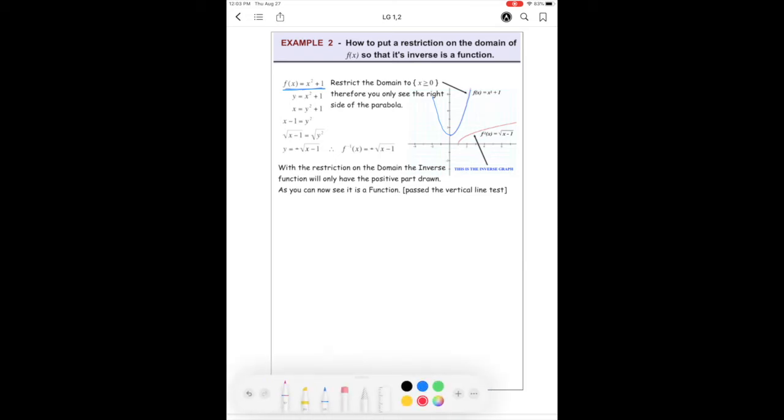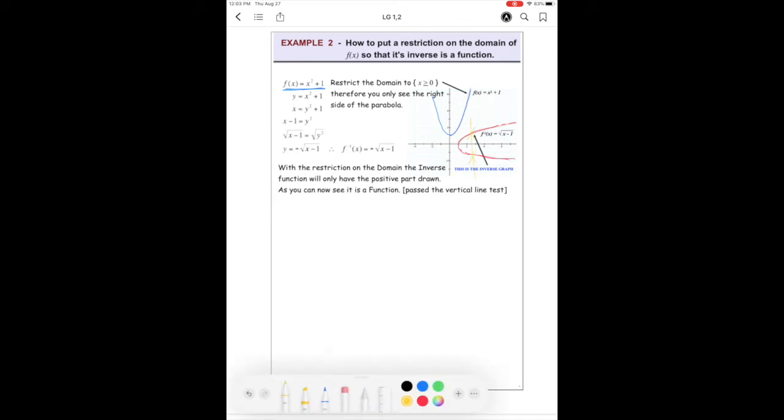And remember that picture I just sketched, it gave us that U shape, right? Well, I know that the inverse does not pass the vertical line test, because if I draw a vertical line here, it's touching in two places.